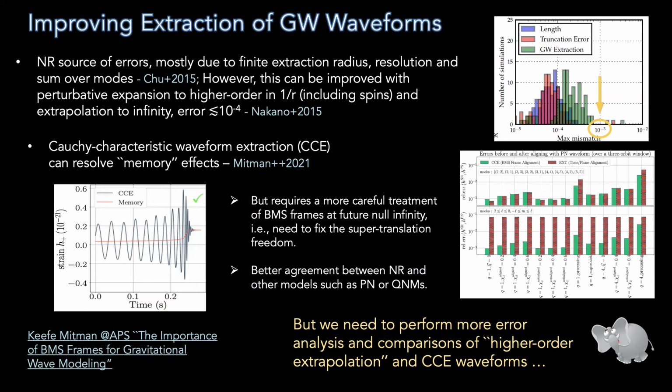These methods still produce some errors, and so this needs to be improved. Cauchy characteristic waveform extraction in principle should be much better at reducing the errors at infinity, and could also resolve some of the big questions still out there.